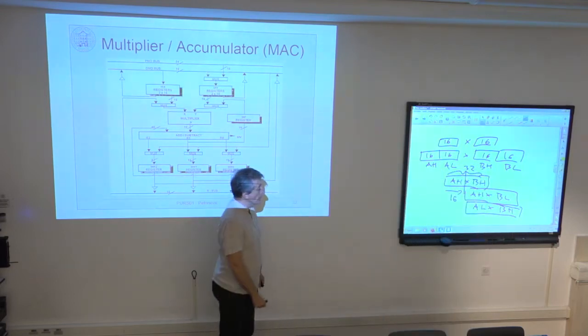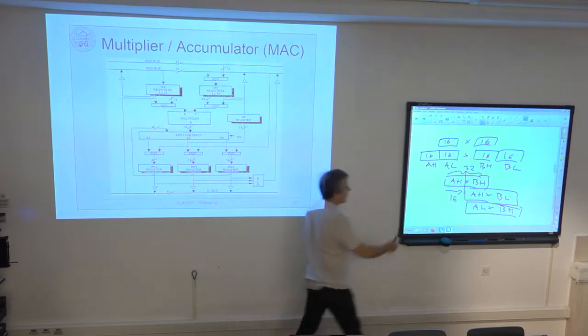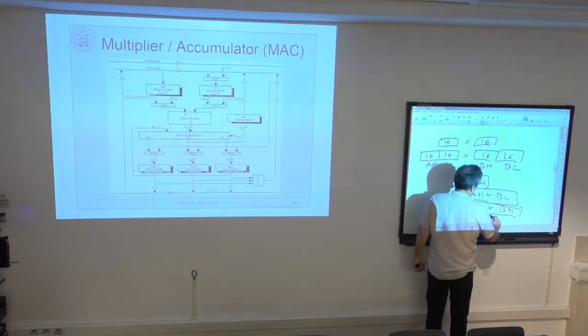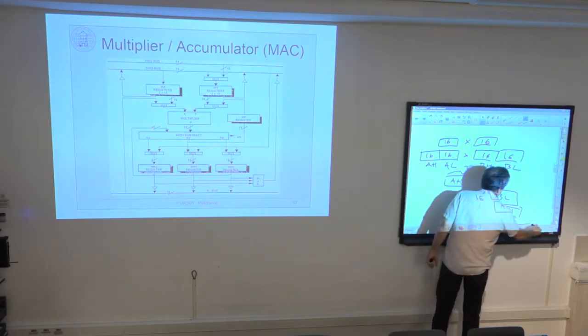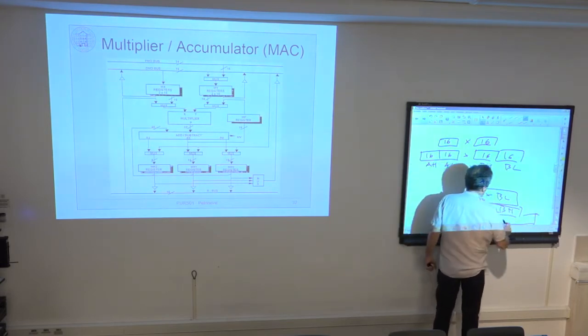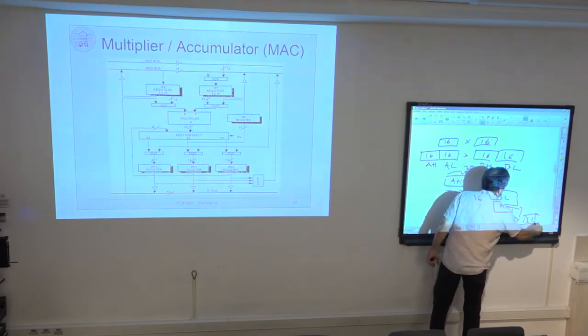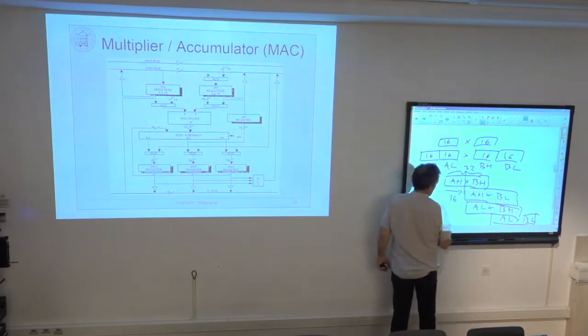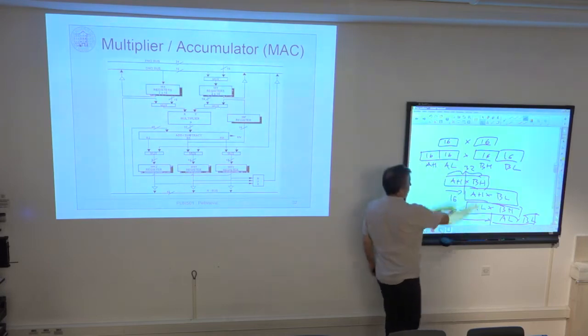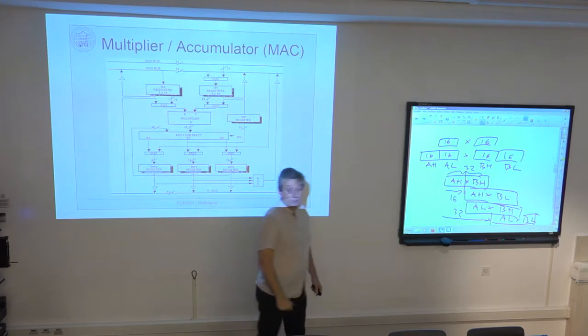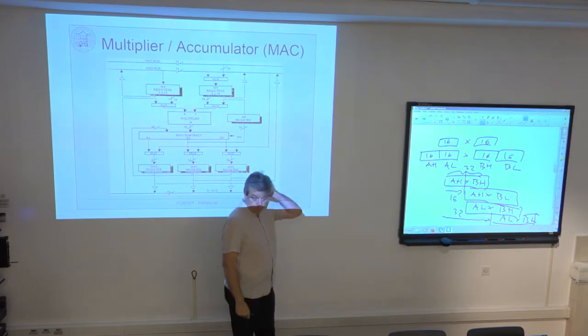And as a final factor, you have A low times B low. And this one is shifted 32 bits to the right side. So if I add all this together, I get the 64-bit result, as expected.